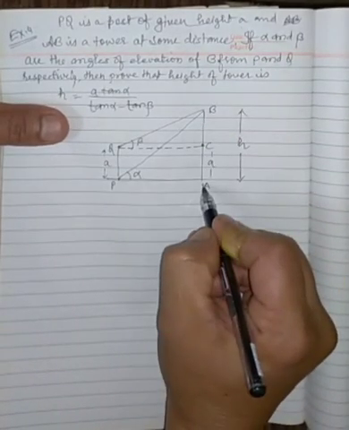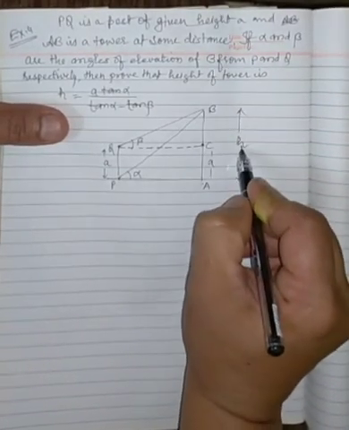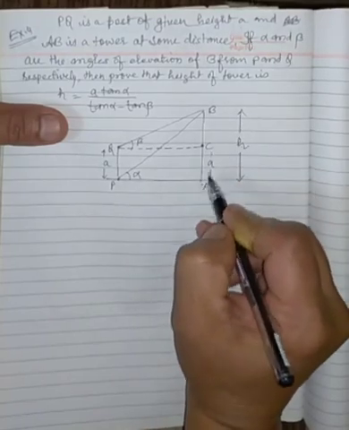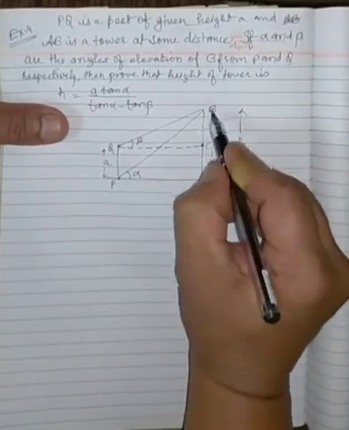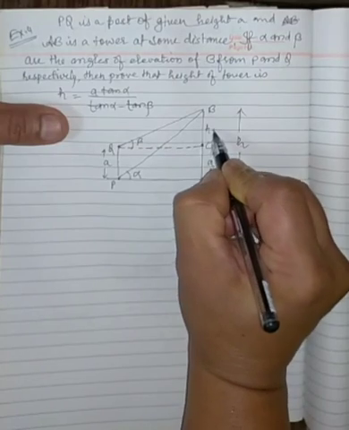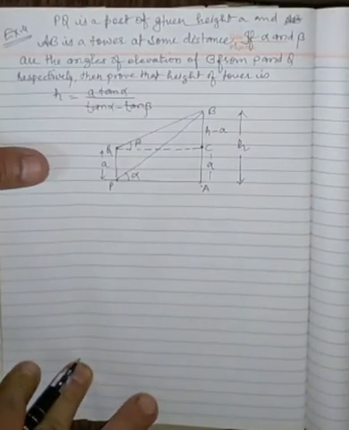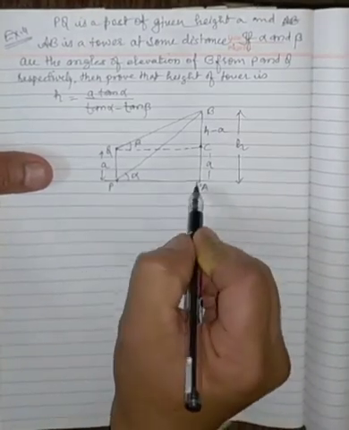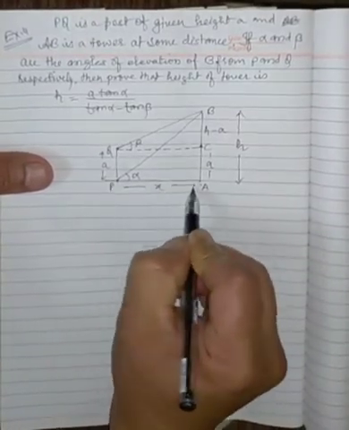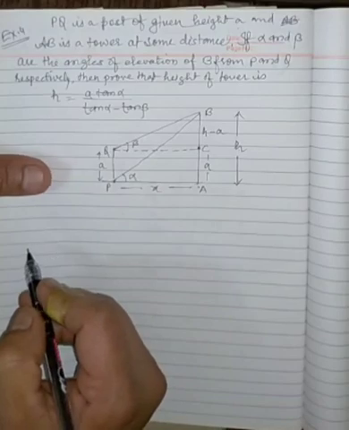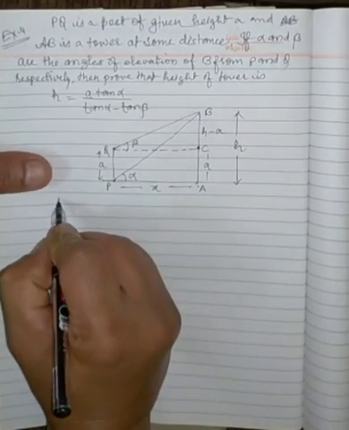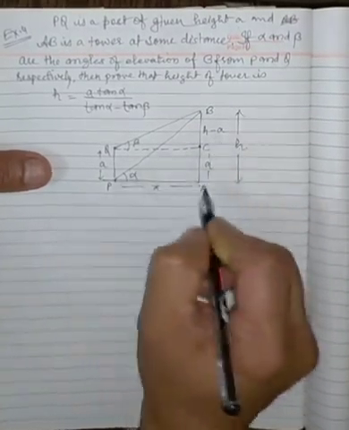AB, its height is h, and since AC we have got equal to a, this part will be equal to h minus a. Okay. Now let PA be equal to x. Now we will use both the triangles one by one.